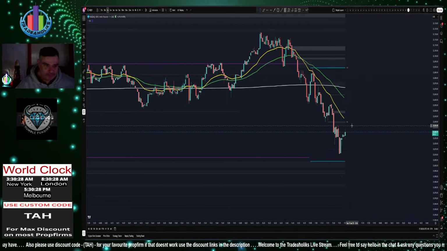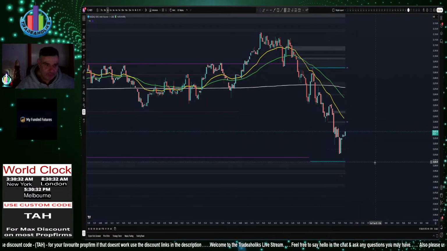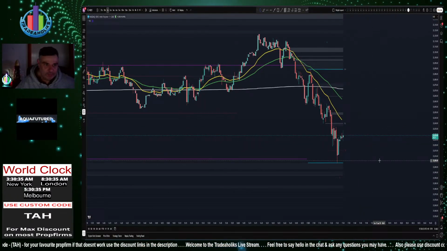Into the 30s now, might be pushing further up, back into the bottom of the ORB.